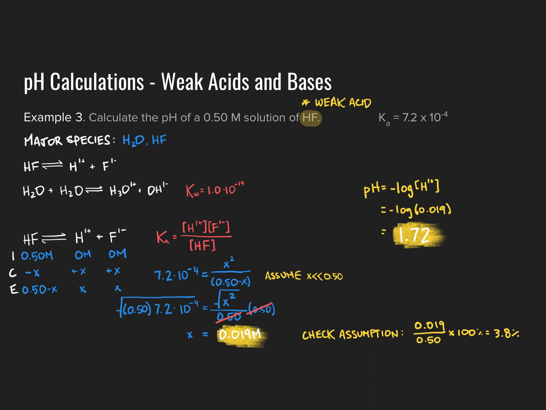And when I calculate here in my calculator, that negative log of 0.5 comes out as a pH of 0.30. So again, a strong acid solution at that concentration would have the pH of 0.30, but my weak acid HF instead has a higher pH value of 1.72, a recognition of the fact that it dissociates to form fewer hydrogen ions in solution than if the acid were strong.